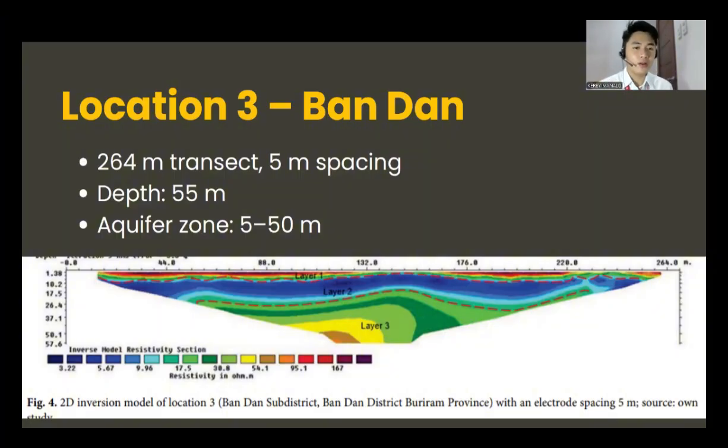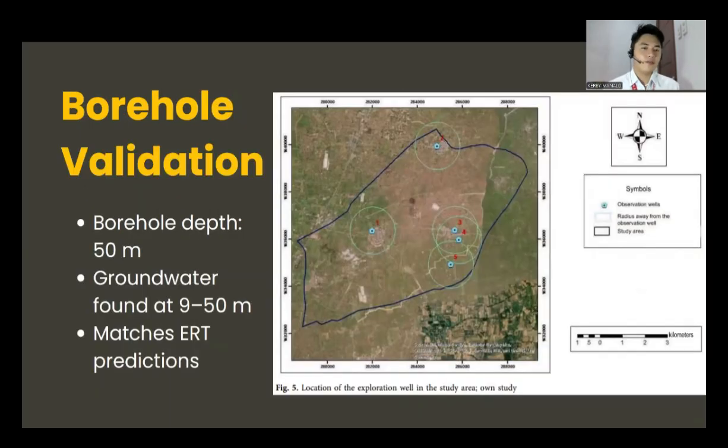Now that we have all these graphs, it is time for the validation. First one is the borehole validation. To verify ERT results, a borehole was drilled at Mueang Fang, which is seen here in figure number 5.